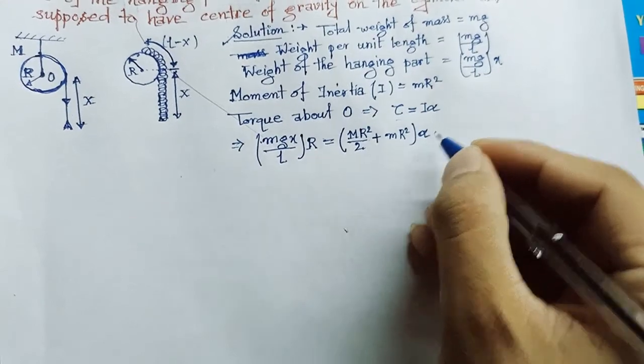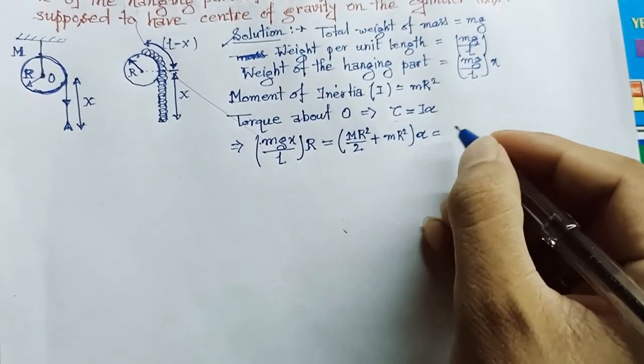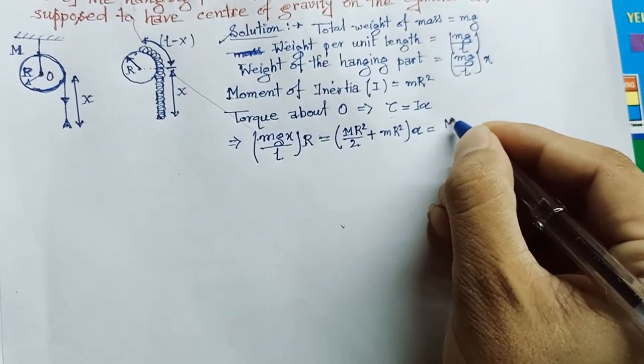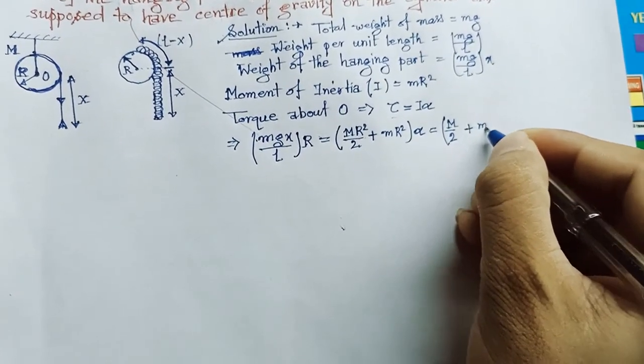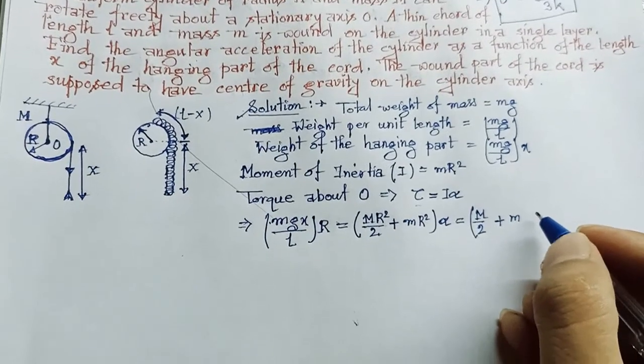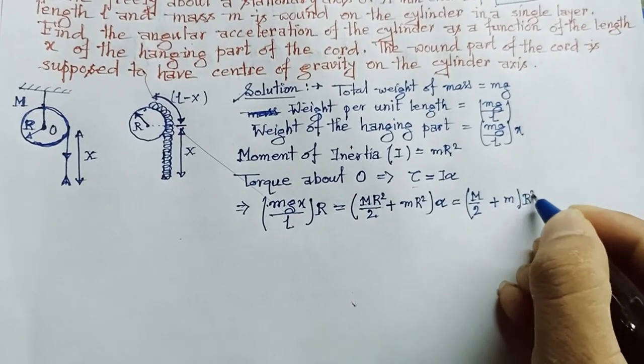Now from this equation we can take r square as common, and so our equation will be M divided by 2 plus small m into r square multiplied by alpha.